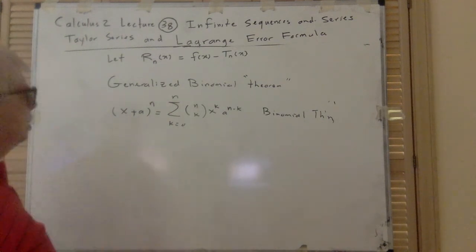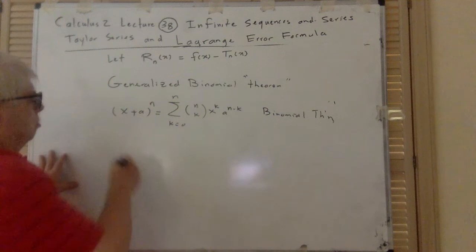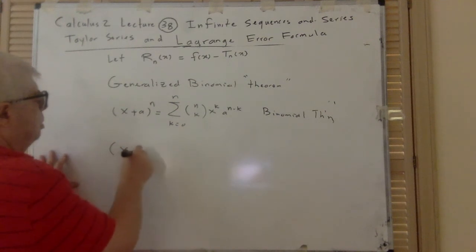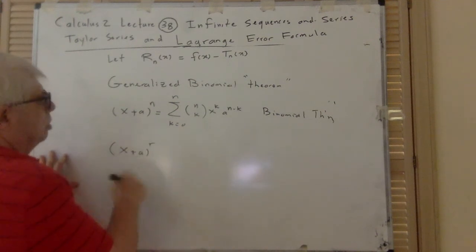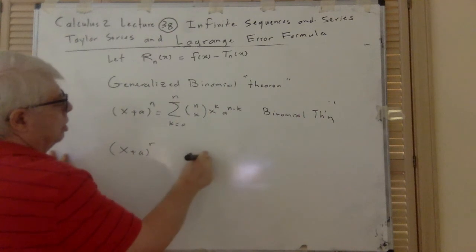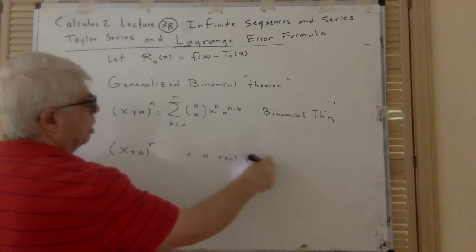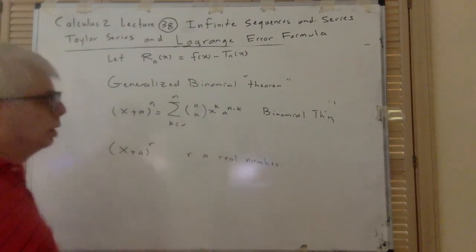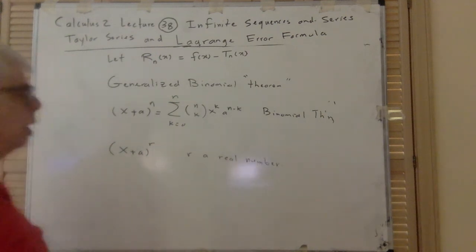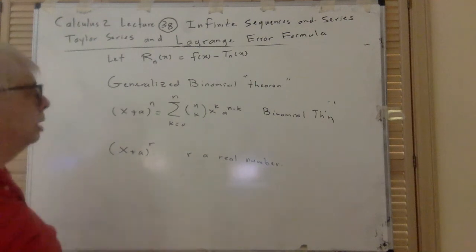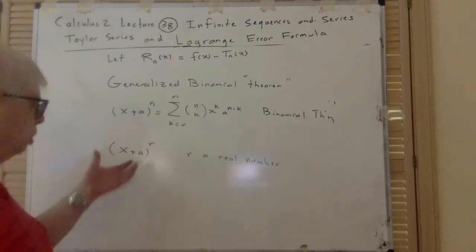what if this is not n? What if it is simply r, a real number? Now, what should we do?